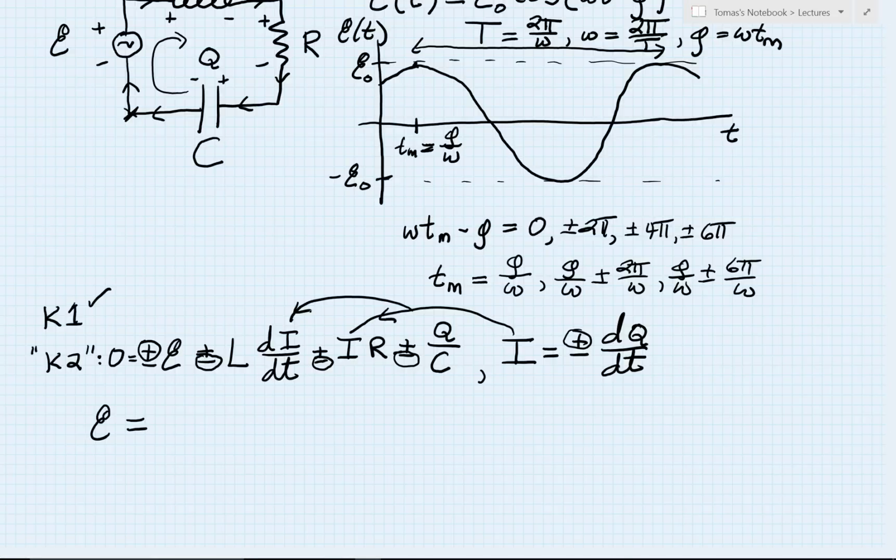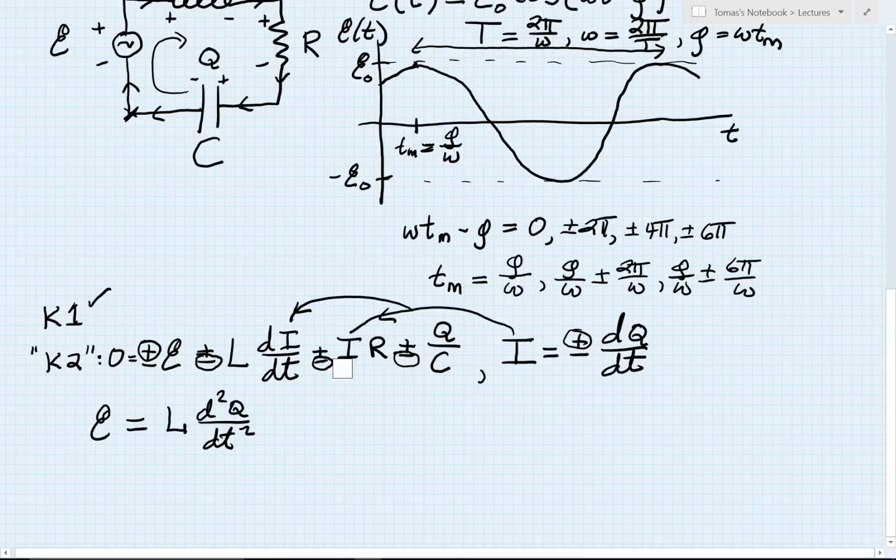So let's try this. This term, the inductor term, goes to the other side of the equation with a plus. It becomes L times di dt, but I itself is dq dt. So I have d by dt of d by dt of q. That is two time derivatives of q. So this is d squared q dt squared, the second time derivative of q. The next term is the resistor term.